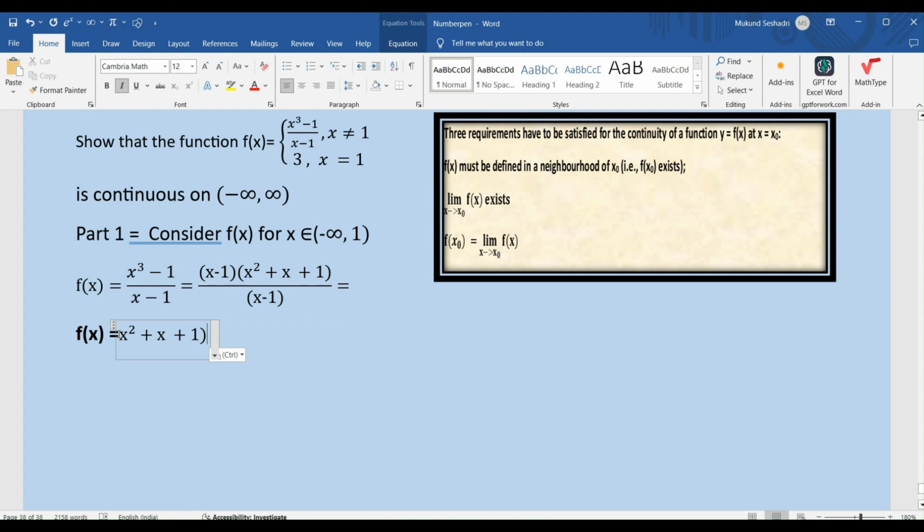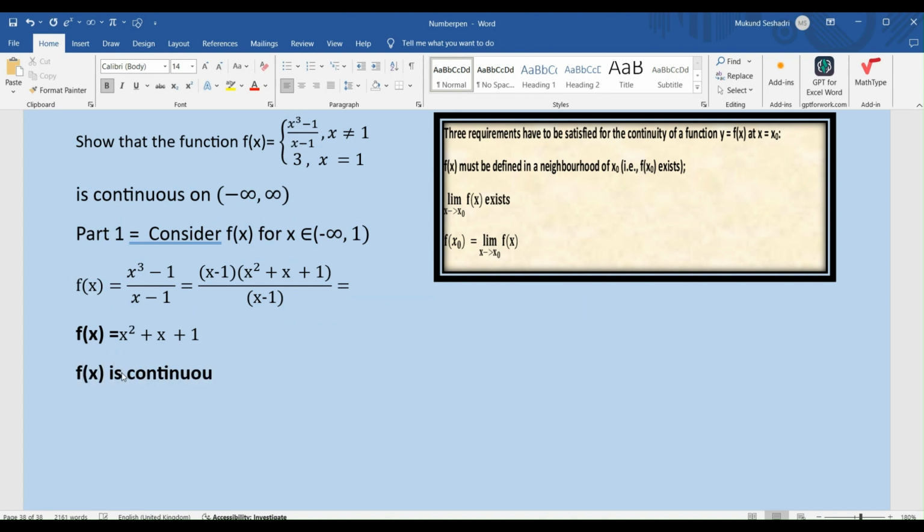And what is this? This is a polynomial of degree 2. I don't think we'll have to go into detail in establishing the continuity. We know that any polynomial function of this format is continuous. And so we can straight away call this out as f of x continuous in this interval, right?